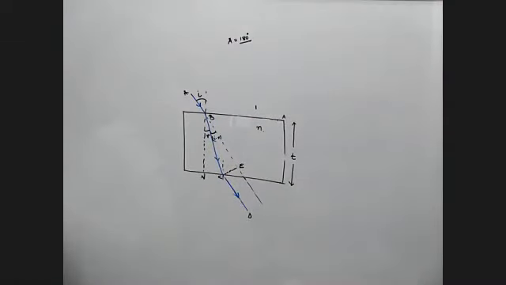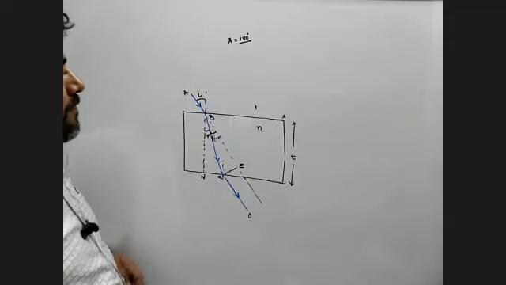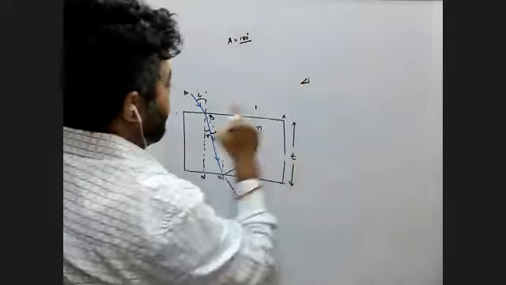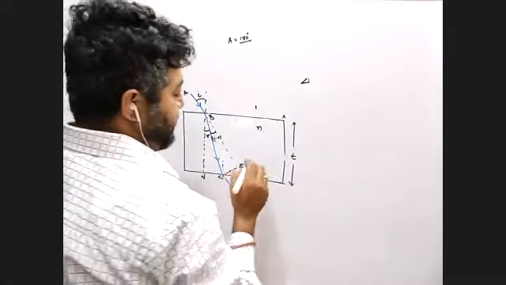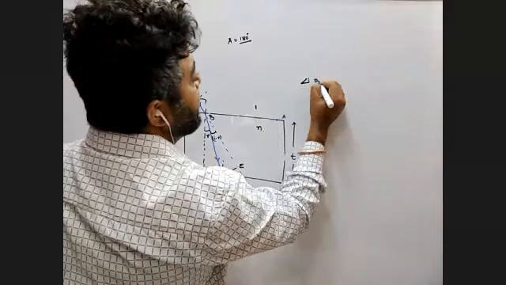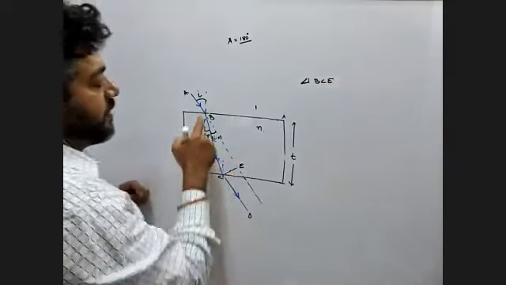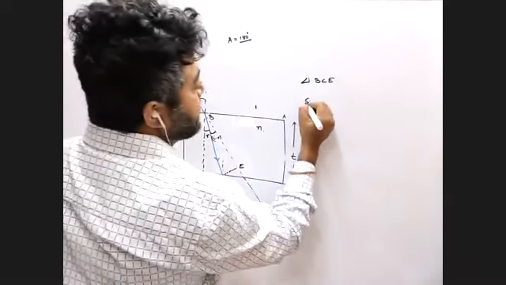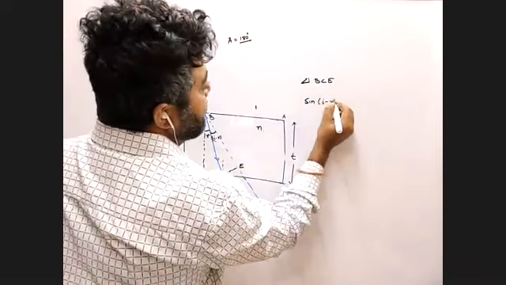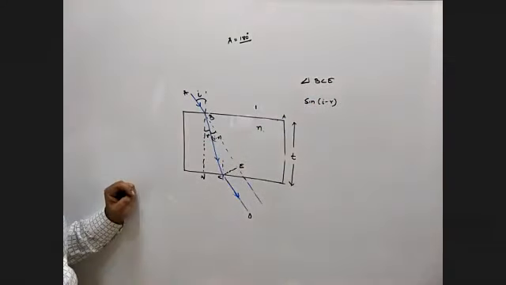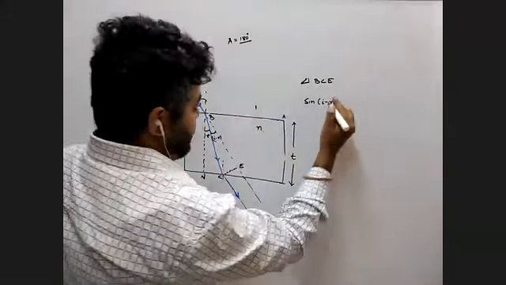So now, first of all, from the triangle BCE, sine of I minus R. What do you mean by this? Perpendicular by hypotenuse.